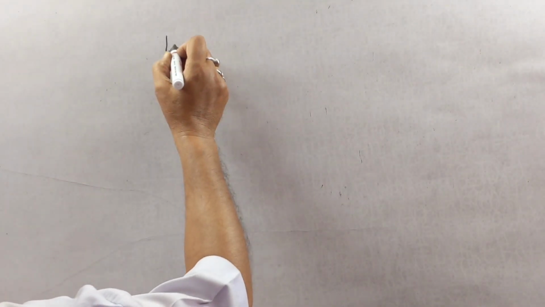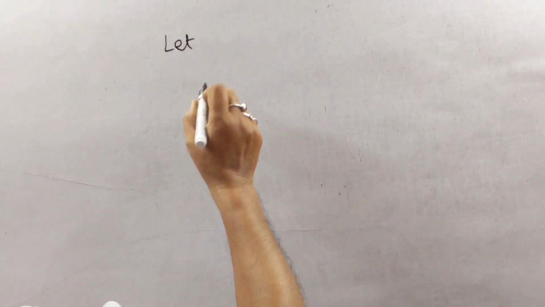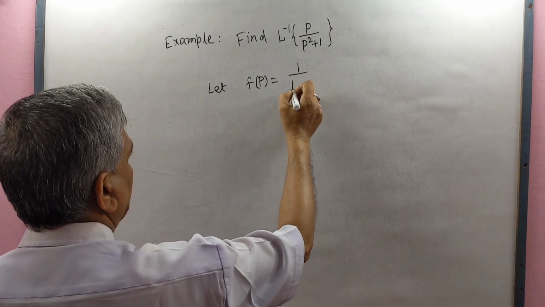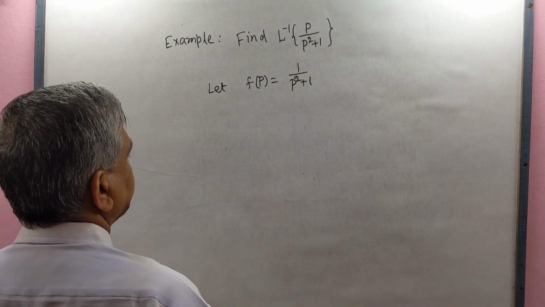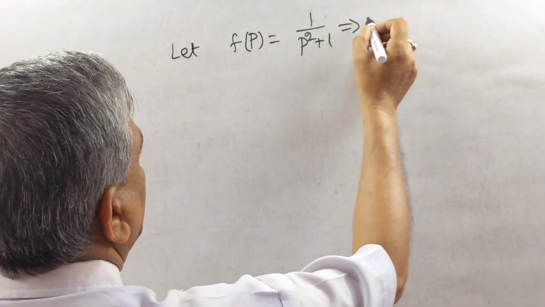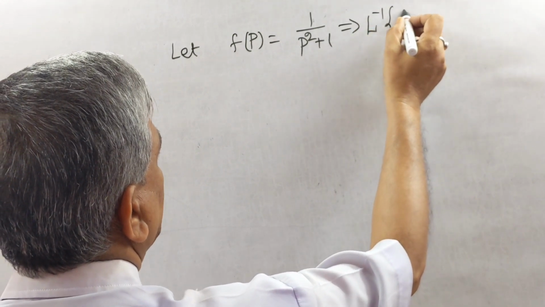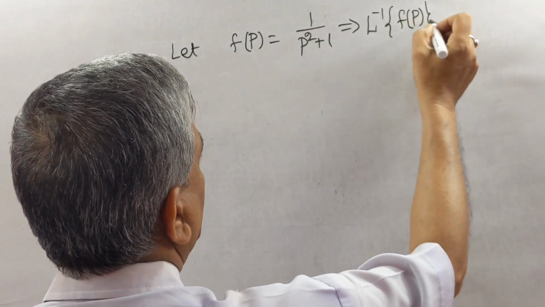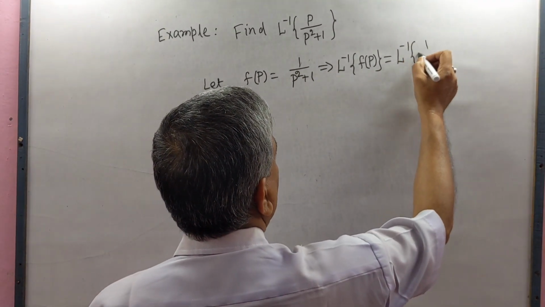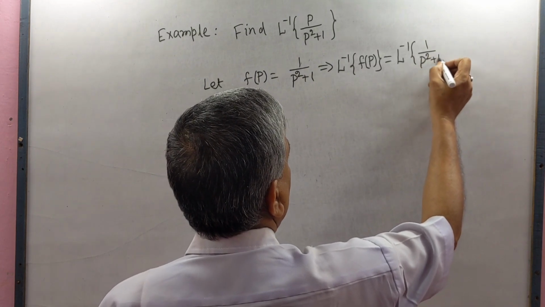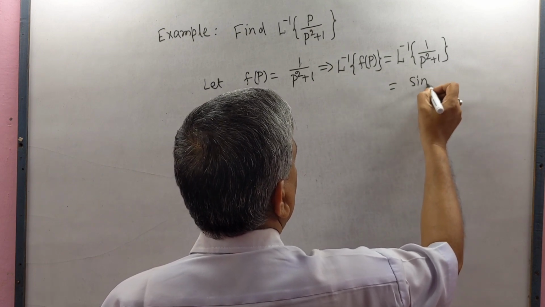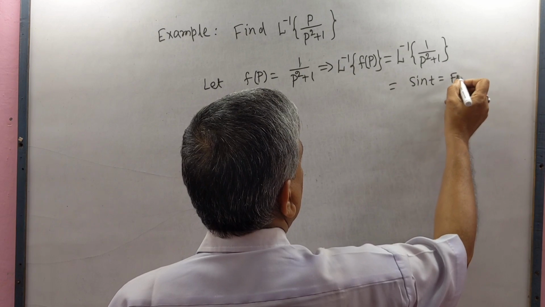Let f(p) equal 1/(p square plus 1). This implies L inverse f(p) equals L inverse 1/(p square plus 1), which is sin t, equal to F(t).